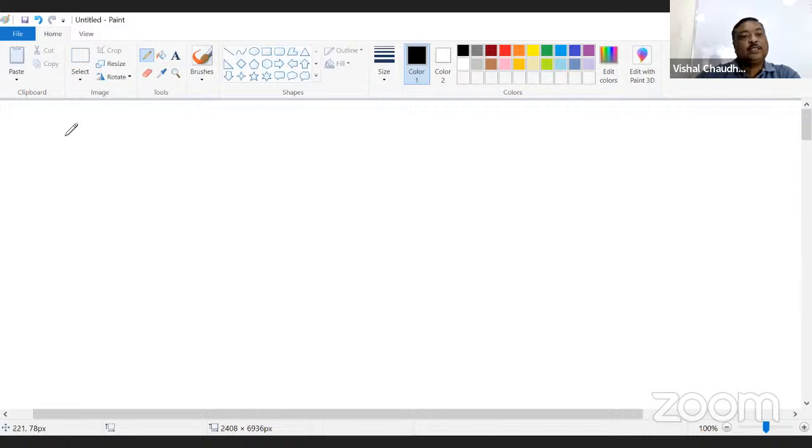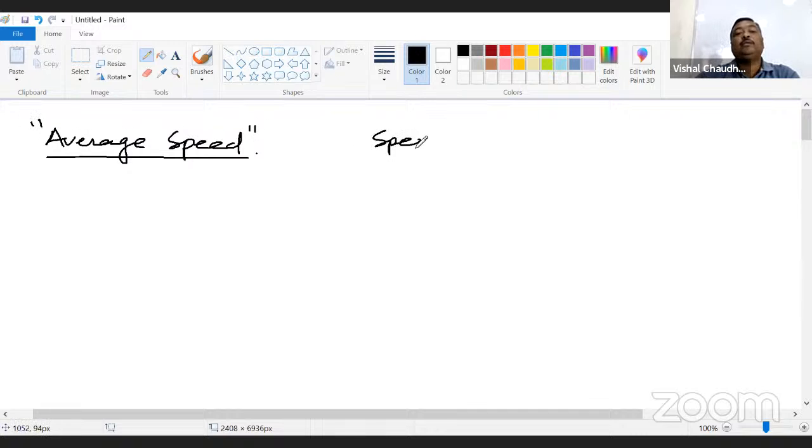Then comes a concept of average speed. Now we all know speed is equal to distance upon time. So average speed is what?